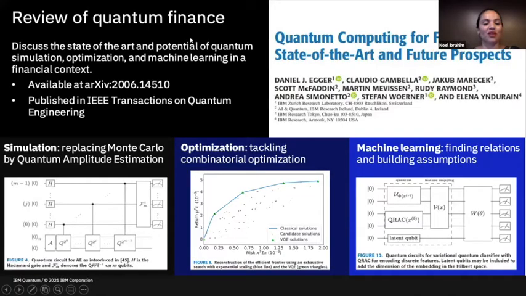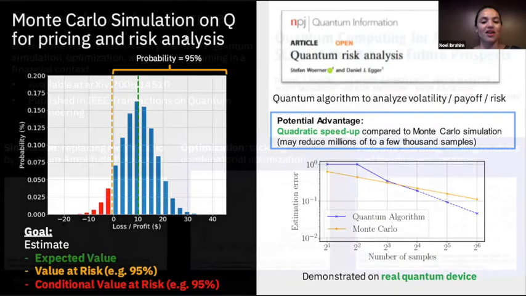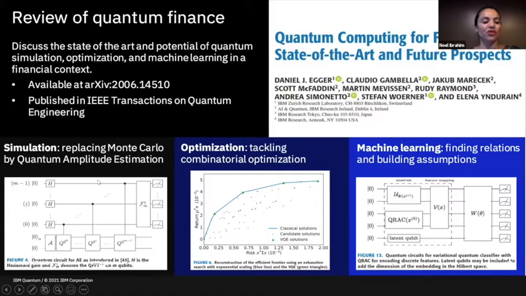So this is just an example of one of the papers that has been published recently on applications in finance. This gets a bit technical, but you can also find these papers available online if you'd like to read them yourselves. This just goes over quantum amplitude estimation. Here you see a quantum circuit on the bottom left.